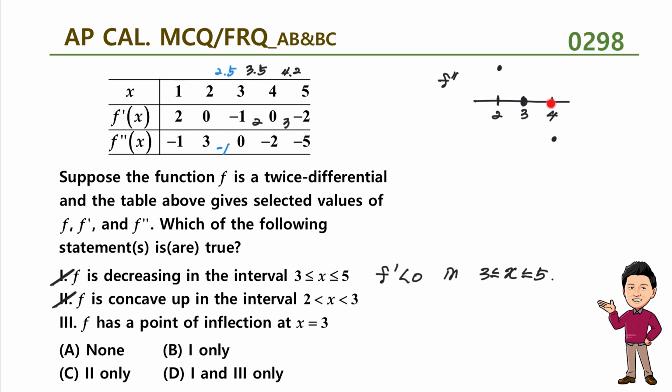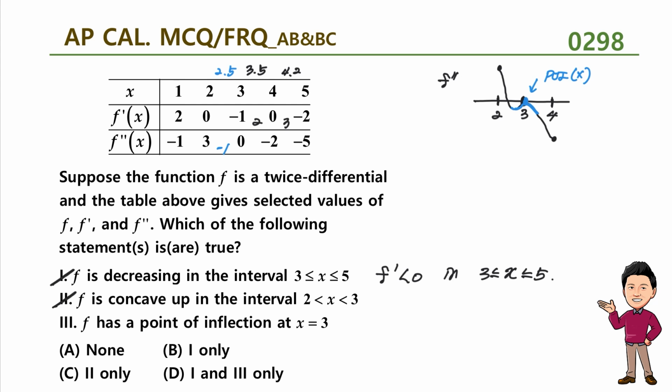and 3 and 4, right? We could have this type of graph for f double prime, like this. Then at this point right here, f double prime is negative here, and negative here. Then this is not going to be a point of inflection. Do you guys see what I'm trying to say?